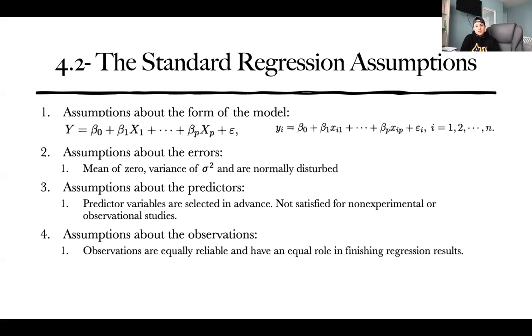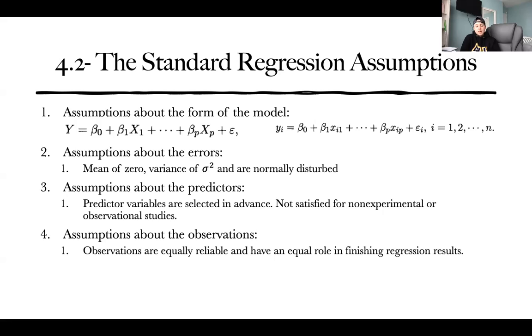The next assumption in the standard regression assumptions is the assumption about the predictors. As we know, our predictor variables are x sub 1 all the way up to x sub n, and they are non-random. Our x sub 1j, x sub 2j, all the way up to x sub nj are fixed, selected in advance.